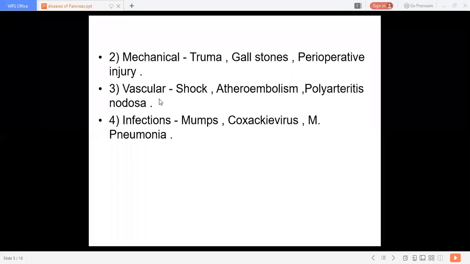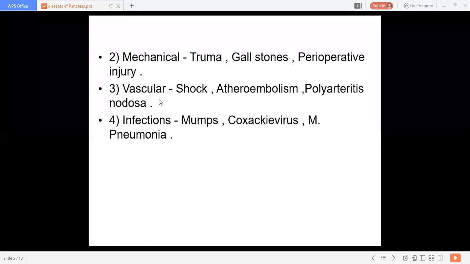Now, vascular etiology is related with shock, atherosclerosis with embolism, then polyarteritis nodosa, which is an autoimmune disease. So shock, atheroembolism and polyarteritis nodosa are included in the vascular causes.